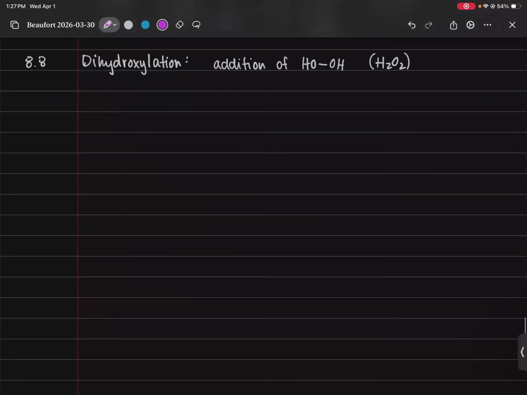Okay. Next reaction, dihydroxylation, okay, addition of two OH groups, which is essentially the equivalent of adding hydrogen peroxide. So the overall scheme for this is start with our alkene.